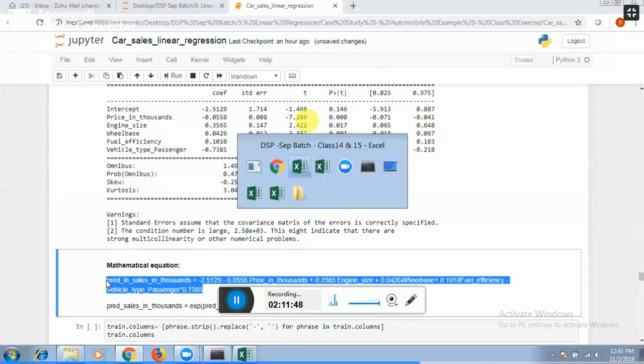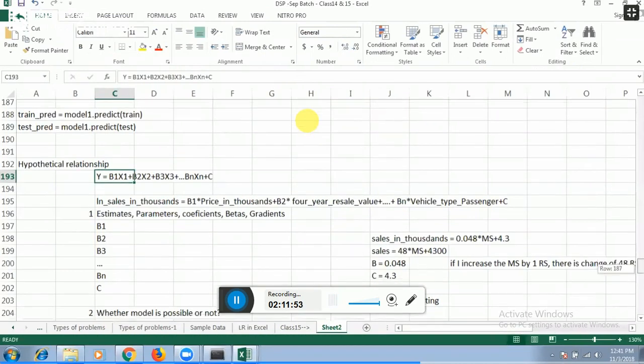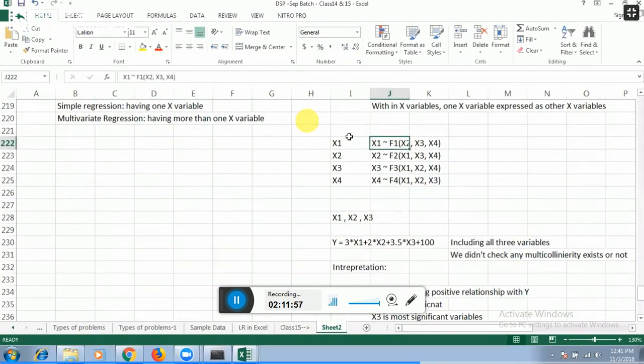There is one interesting aspect which I want to discuss. We mentioned that if one variable is expressed through other variables, I call it multicollinear. Suppose I take x1 as the dependent variable and the remaining x variables as independent variables. I can also establish a linear regression to find a relationship, and I can also get an R square. For example, I got 0.3, 0.7, 0.2, 0.6, suppose.